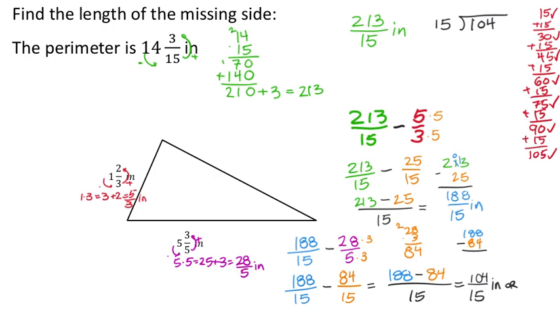But it appears that 15 won't go into 1, it won't go into 10, but it will go into 104. 1, 2, 3, 4, 5, 6 times. Again, if you do 7, it's too much. So I got 15 goes into 104 6 times. 6 times 15, we can see down there, is the 90.